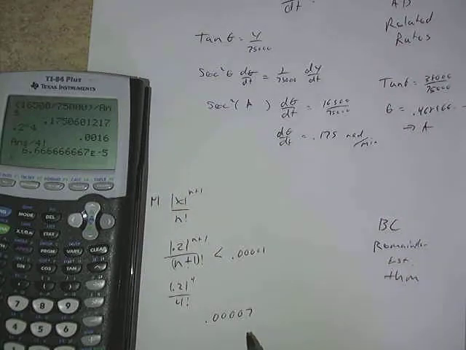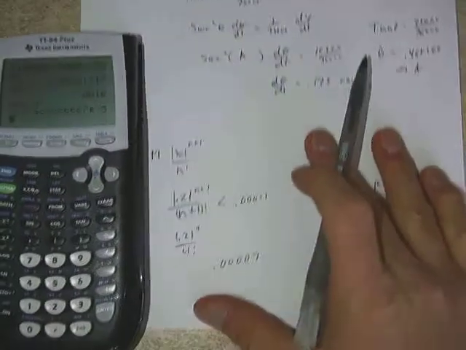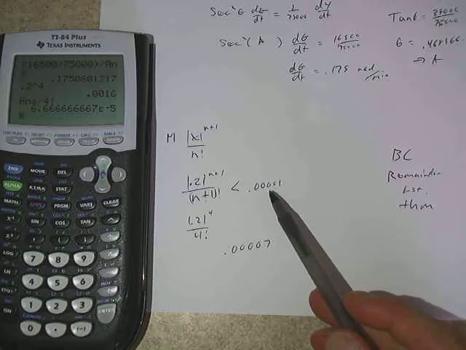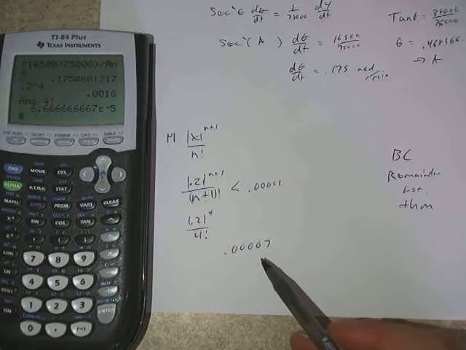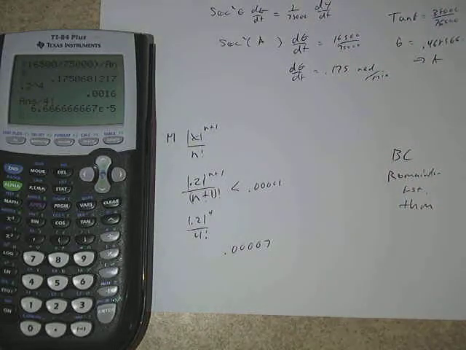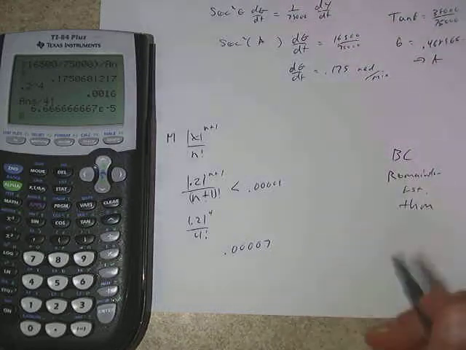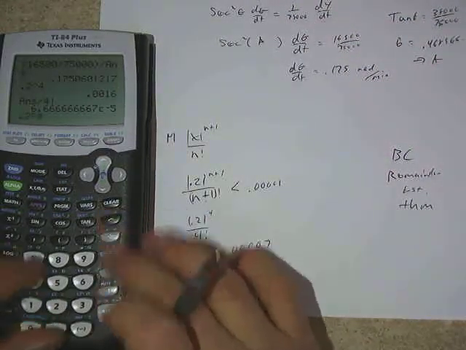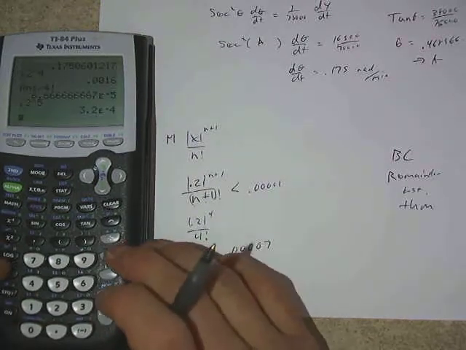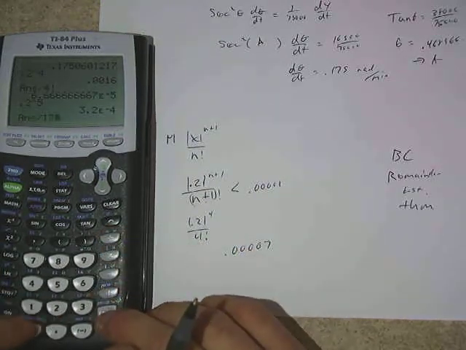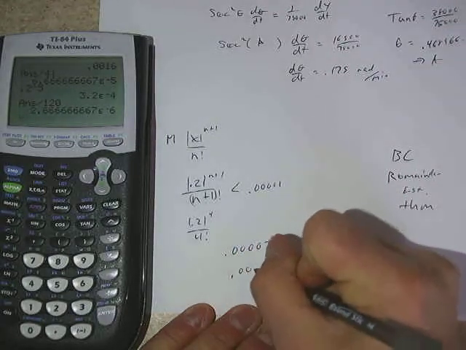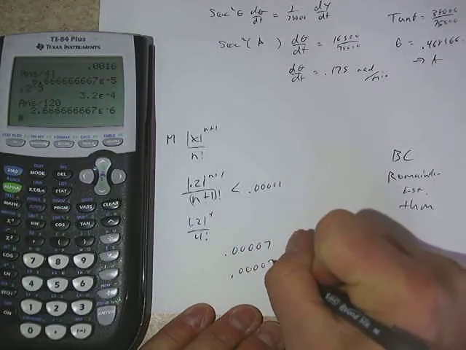If we do 0.2, we raise that to the 4th, we divide that by 4 factorial, we get 0.00007 essentially, rounded. How does that compare with this one? Remember, we want the error to be less than this. This is actually bigger than that. So that would not work.